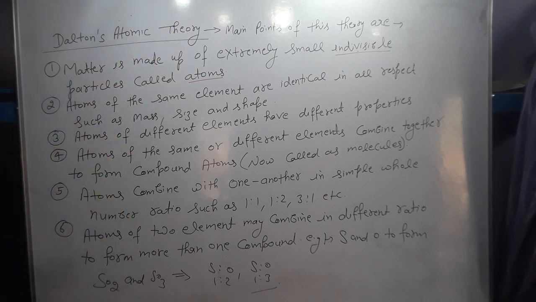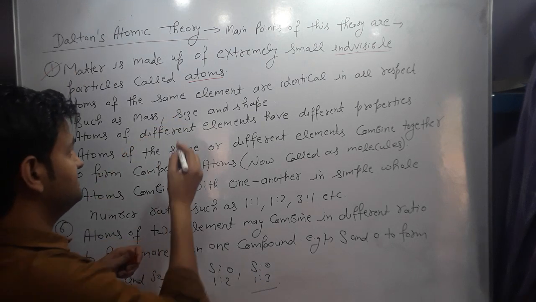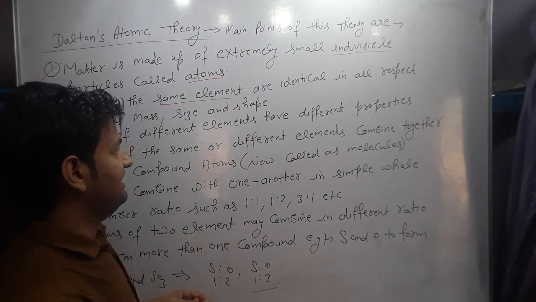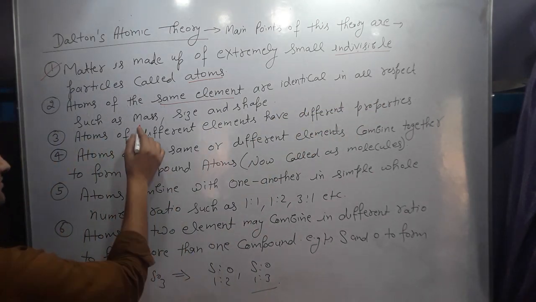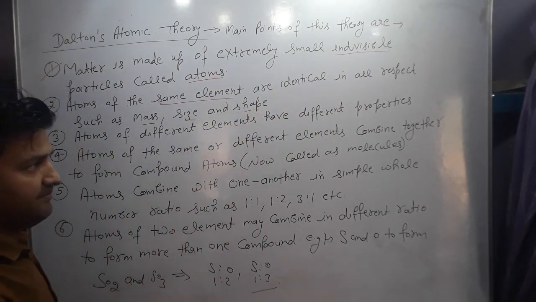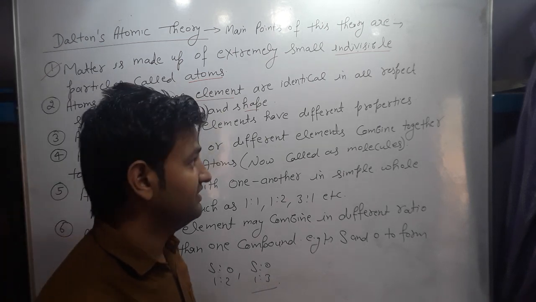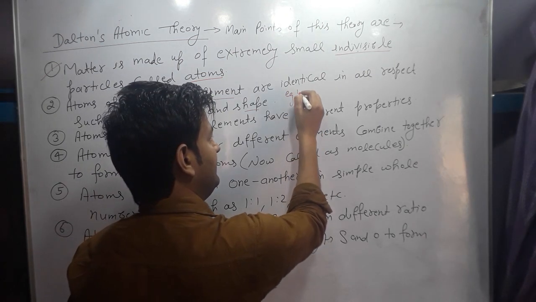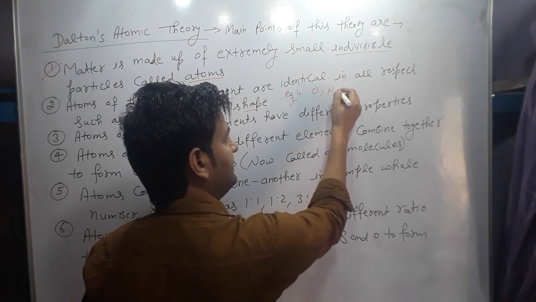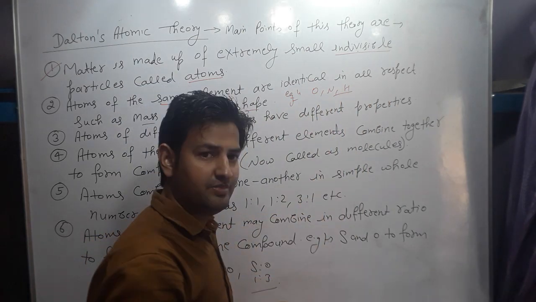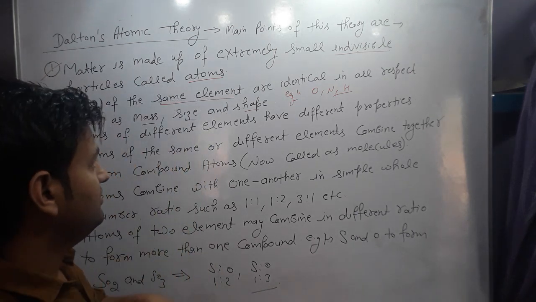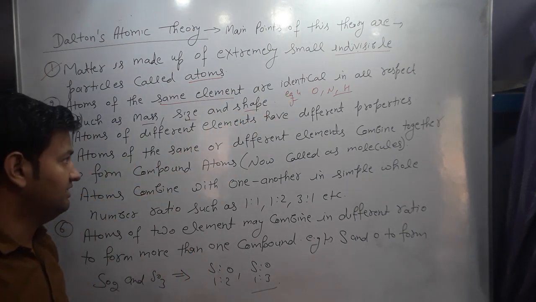The second point is that atoms of the same element, एक ही element के atoms, are identical in all respects such as mass, size and shape. It means the atoms of oxygen, nitrogen, hydrogen, any element, are the same in all respects; they are identical.